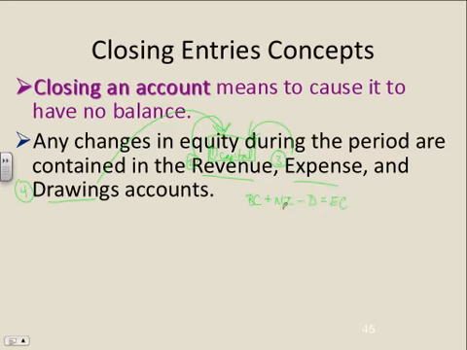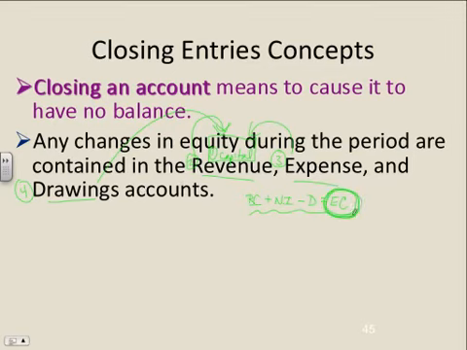Well, guess what? We've been doing it all throughout this semester on our balance sheet, but we've never actually updated our capital account. So our capital account is usually incorrect. So we need to update our capital account by closing the other three. So we're going to close our revenues, bring it to zero, close our expenses, bring it to zero, close our drawings, bring it to zero, and eventually our capital account will be updated.